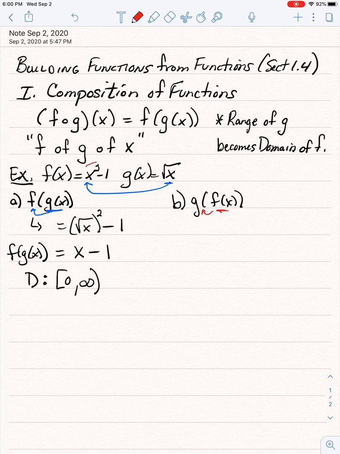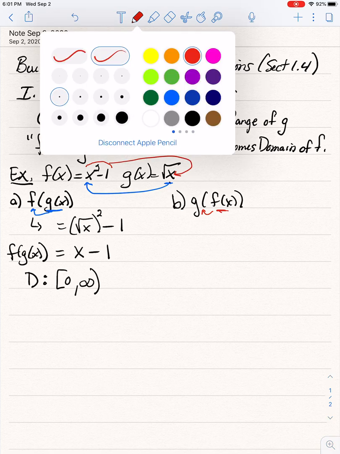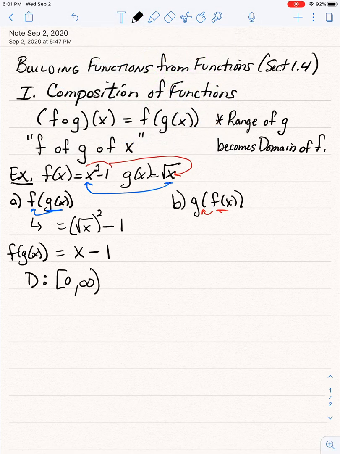This f of x part is going to substitute inside there for x. So the square root of x squared minus 1, the whole thing goes inside. Okay, and that's the value of your composition.